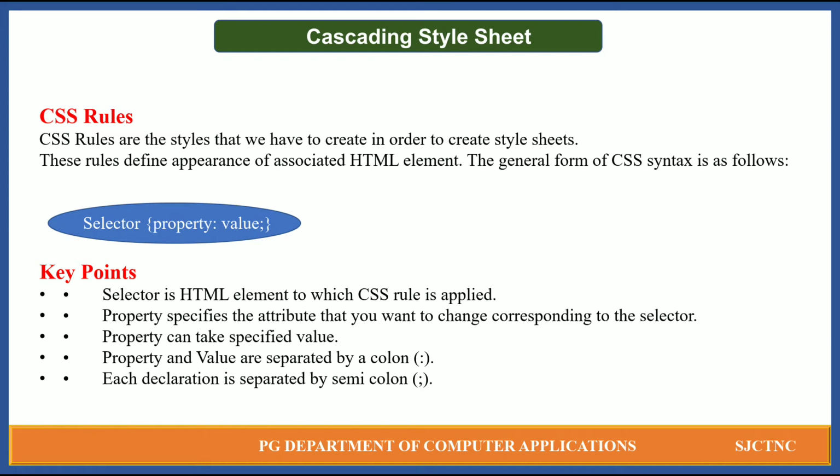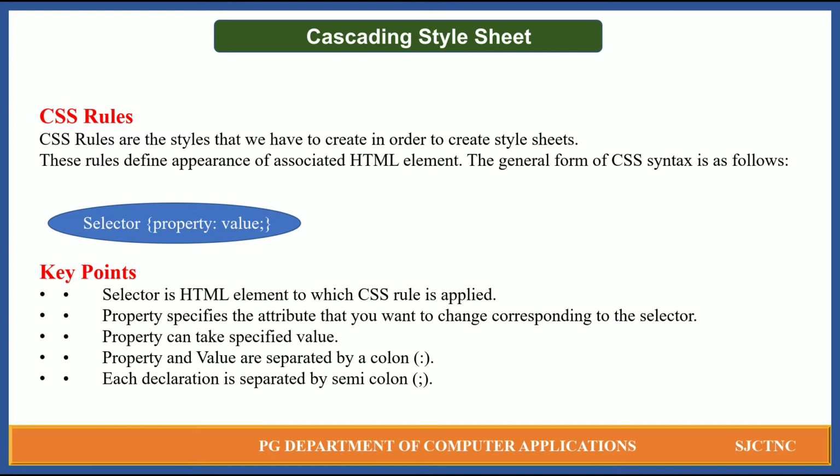The general form of CSS syntax is given here: a selector, open curly bracket, then property, colon, and value for that property, then semicolon, closing curly bracket. Here, selector and property value will be given.